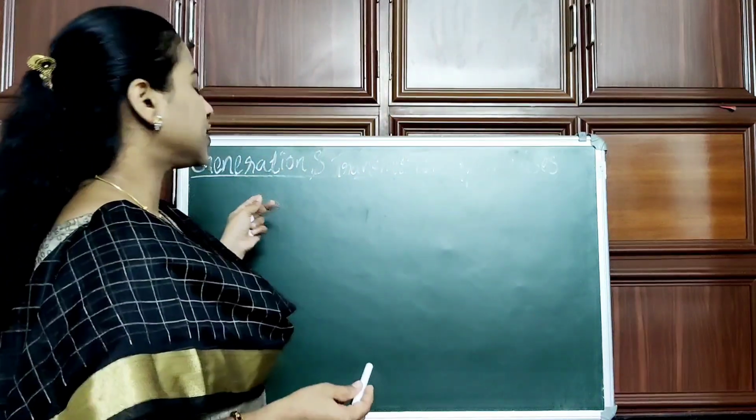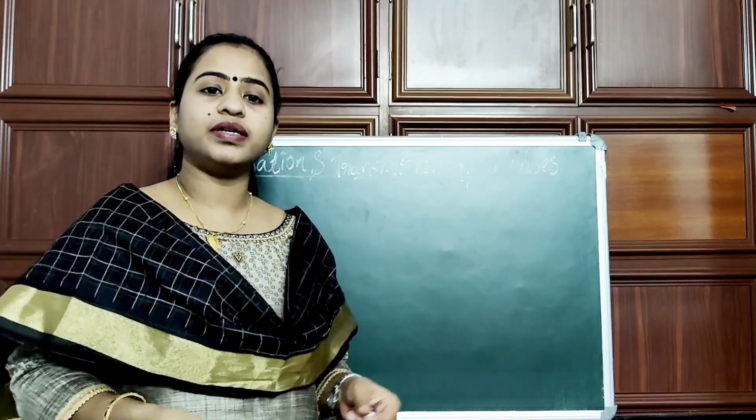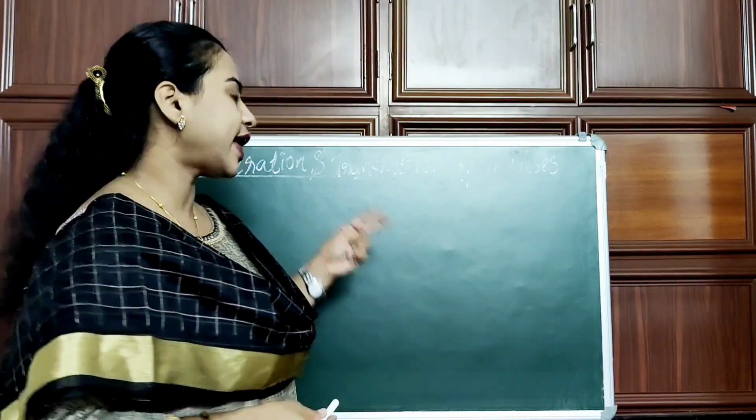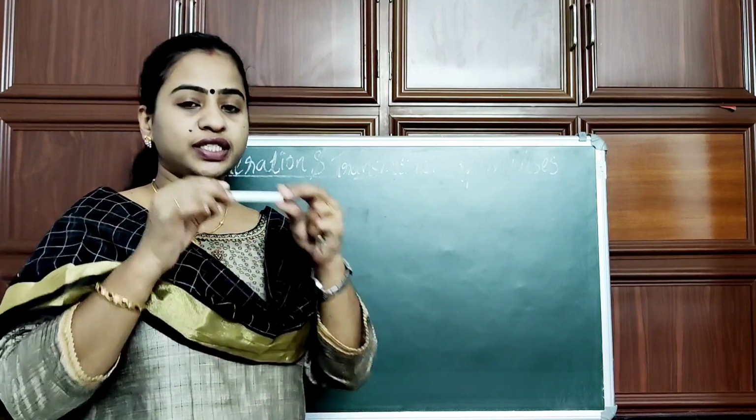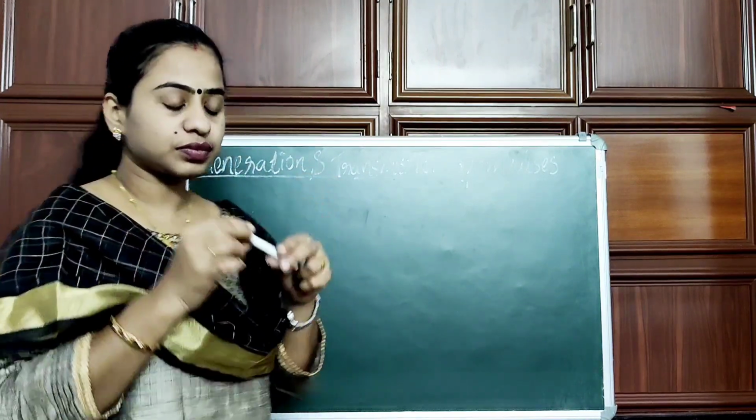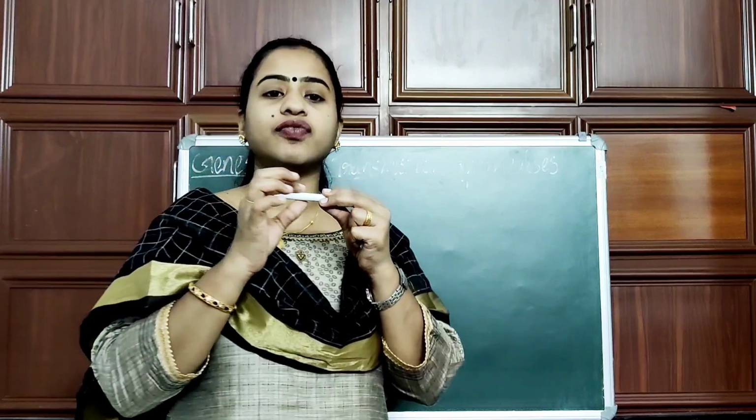The nervous system manages control and coordination through the impulses. Now we are going to discuss how the impulses are generated and how they are transmitted through the neuron. Just imagine it as the neuron.